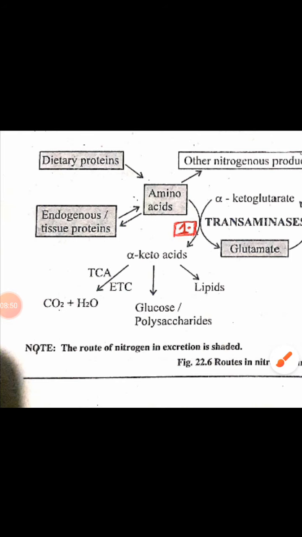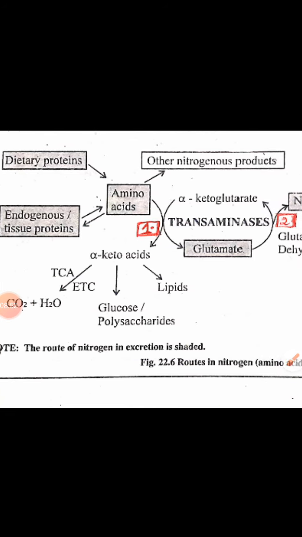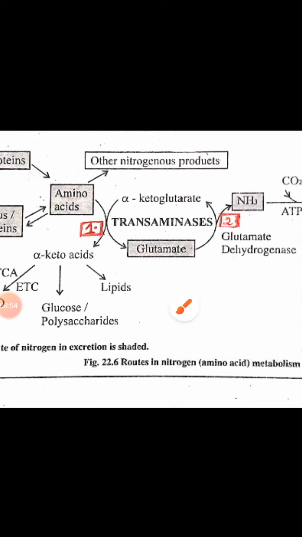Now in amino acid metabolism, we are not dealing with the synthesis pathway, we are dealing with the degradation pathway. Under the degradation pathway, as I have told, there are transamination, deamination, that is oxidative and non-oxidative, and decarboxylation. So we are going to deal with those 4.